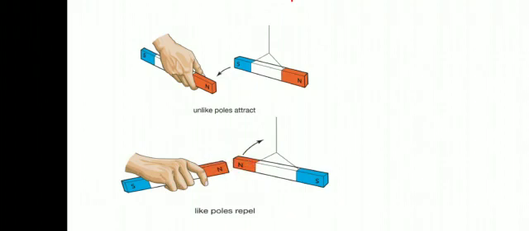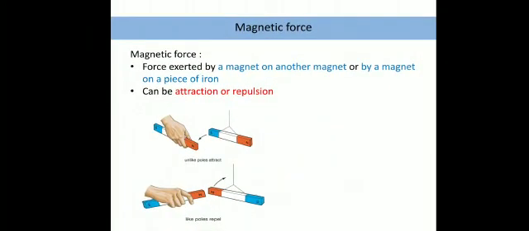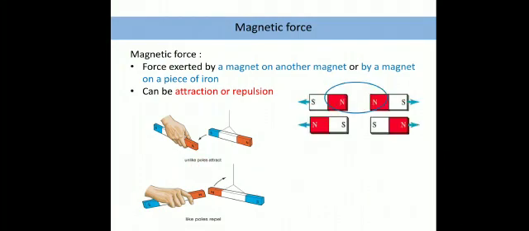So in a magnet, unlike poles always attract and like poles always repel. Very importantly, if you have like poles north and north and bring two magnets together, they will always push each other in the opposite direction. Remember, like poles always push each other, they repel each other, right?